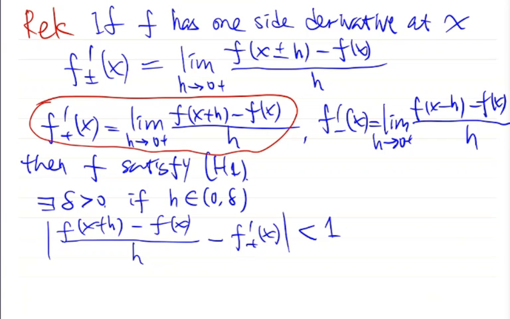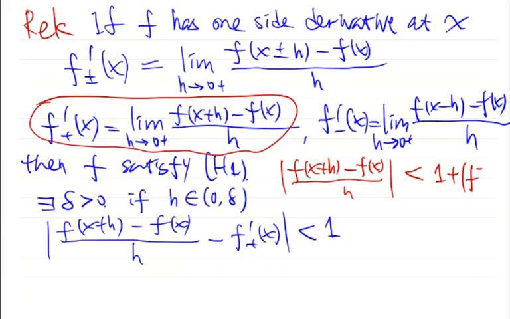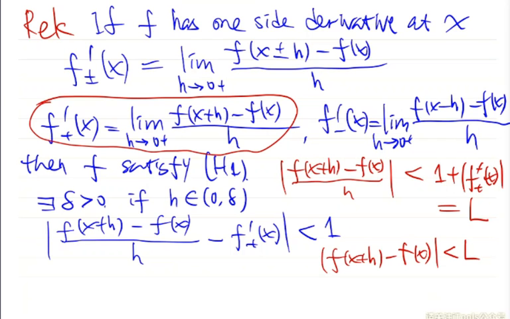So we see that |f(x plus h) minus f(x)| over h is not greater than 1 plus the absolute value of the one-side limit, denote this by L. That is to say, |f(x plus h) minus f(x)| is less than L h, because h is positive.